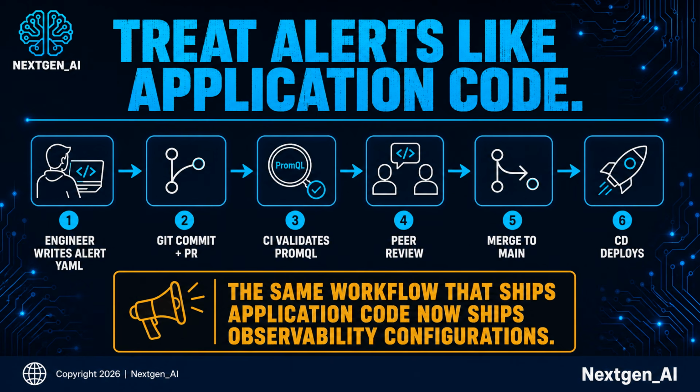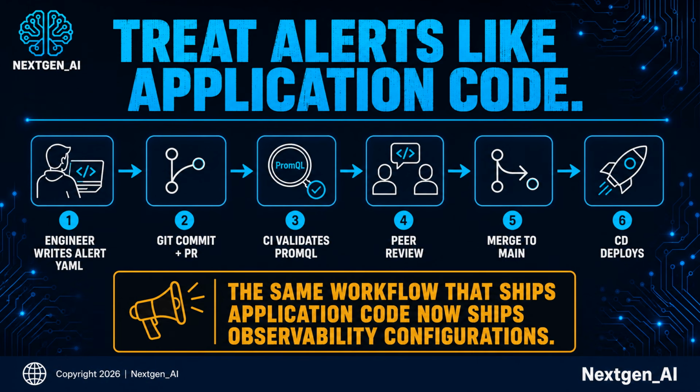It triggers automated CI tests, perhaps a linter to verify the YAML syntax, or a script to validate that the SPL query is well-formed. The pull request requires approval from a peer, ensuring that no single engineer can alter production alerting without oversight.